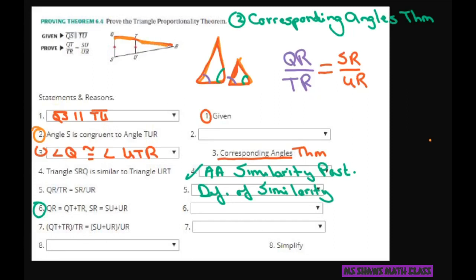And SR equals these two added together. So that's just your segment addition postulate.